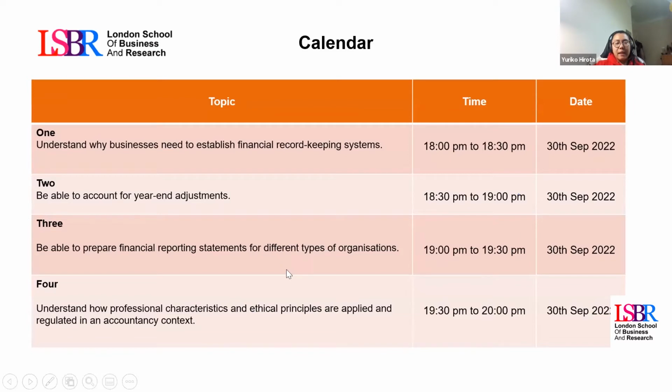After 1 hour, we are going to have a 10 minute break. And basically, these are the 4 topics that we are going to discuss, the time that each topic takes, and obviously the date.